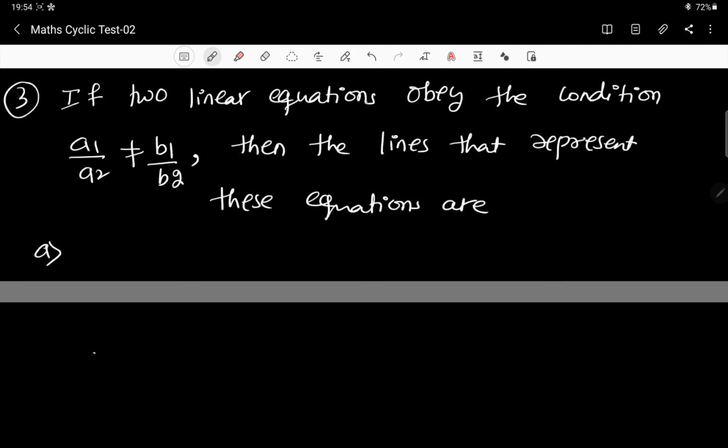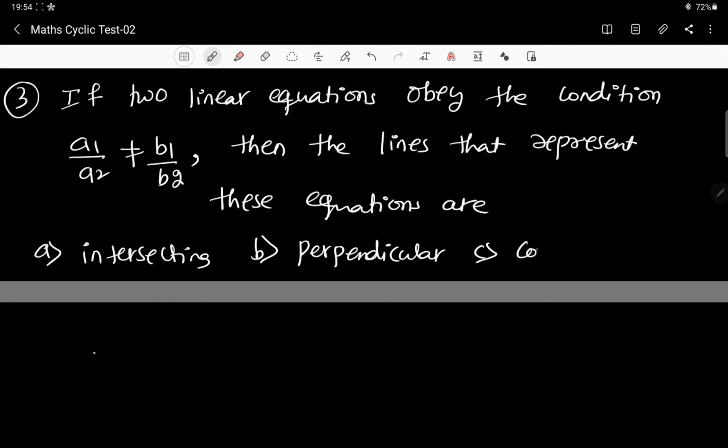Option A is intersecting, option B is perpendicular, option C is coincident, and option D is parallel. So this is quite a famous question. If this is the condition, then definitely they are intersecting, so this is the right option. All right, so they are going to be intersecting, right? You know these conditions, no?